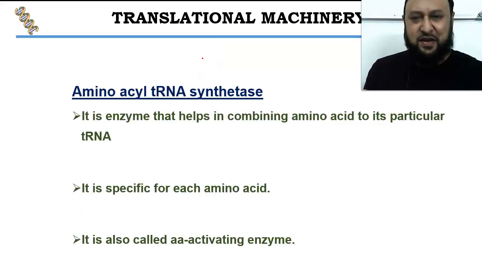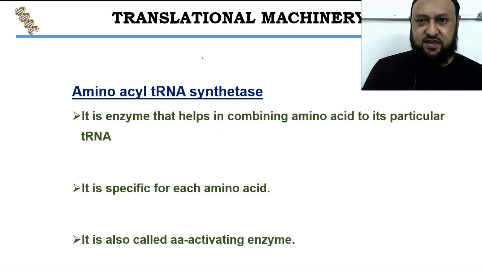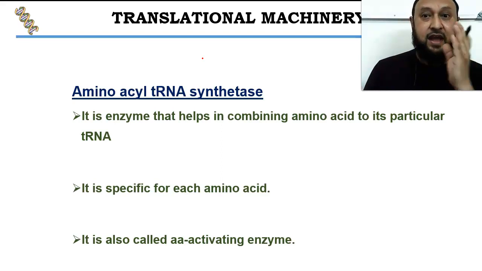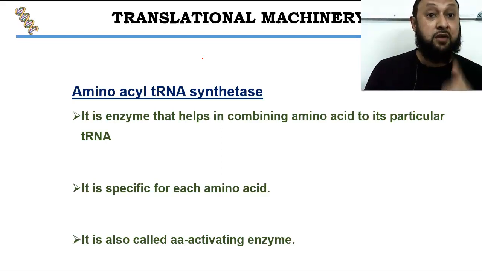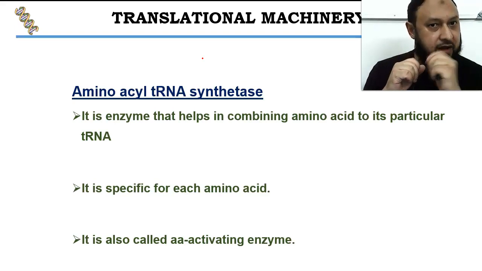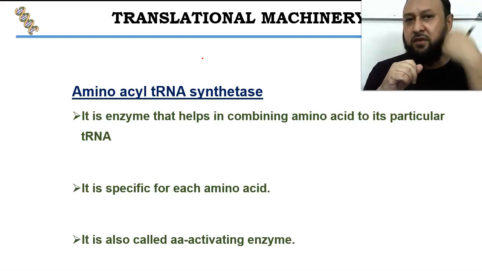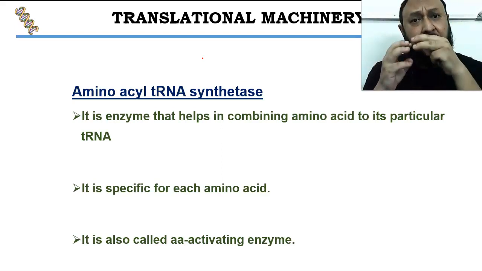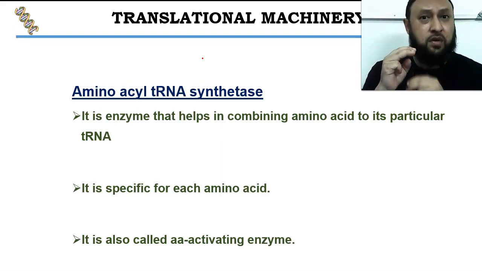Very simple, right? Now amino acid tRNA synthetase is the enzyme that helps in combining an amino acid to its particular tRNA. One particular amino acid will combine with a particular type of tRNA, because it has an anticodon, some code.